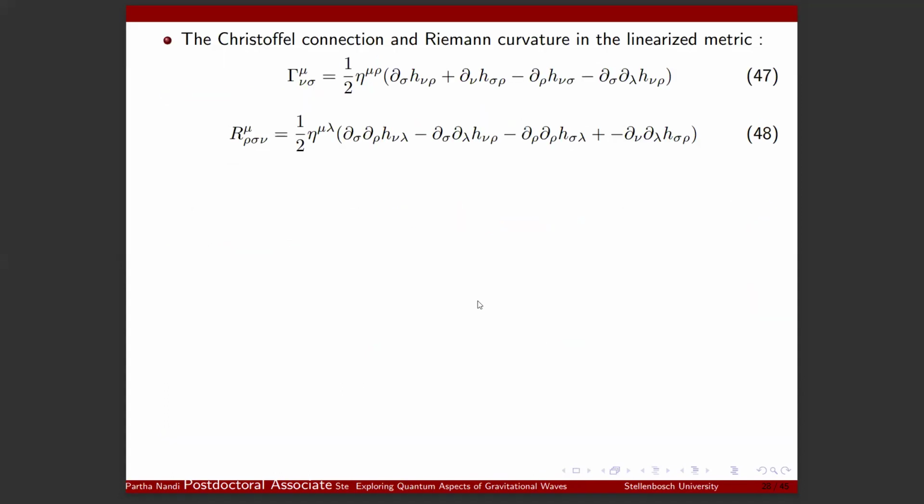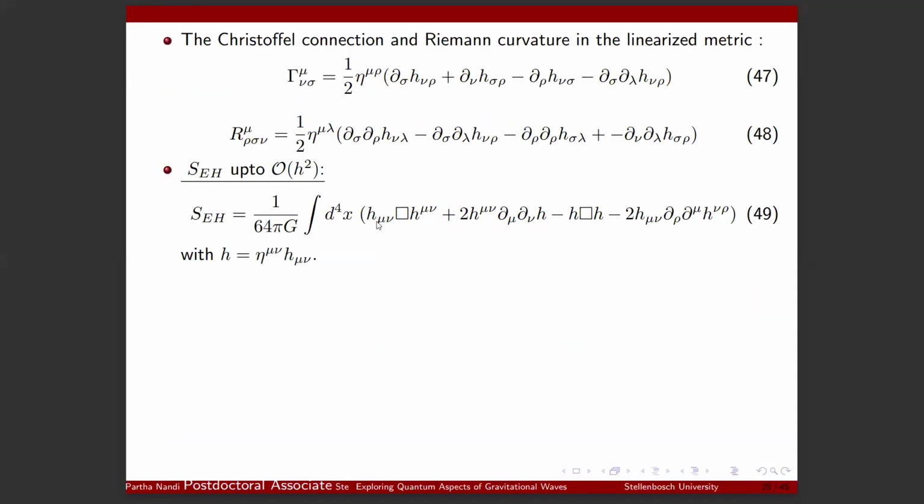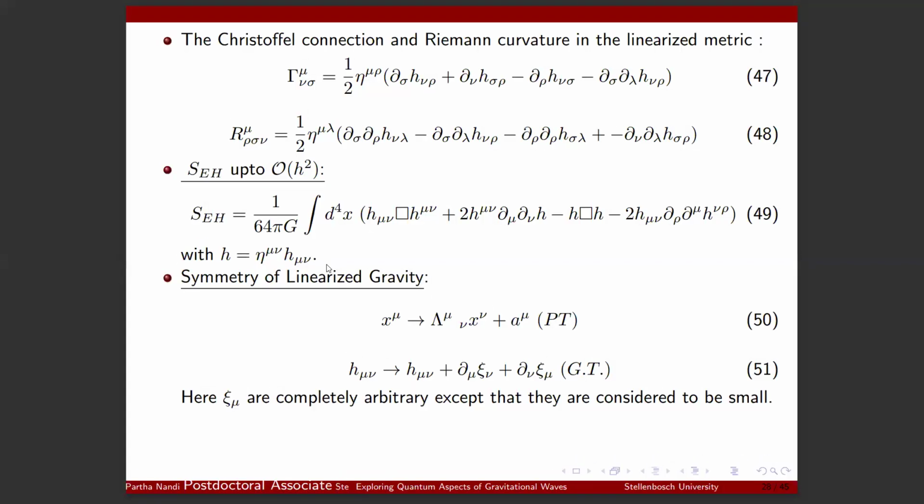Therefore, we need to consider the action in a quadratic form. So this is the approximate form of the Einstein-Hilbert action up to order h square. h is the trace of this h mu nu, which is a 4x4 matrix initially. Now, the point is that this action is a scalar under flat space-time transformation, which is known as the Poincare transformation.